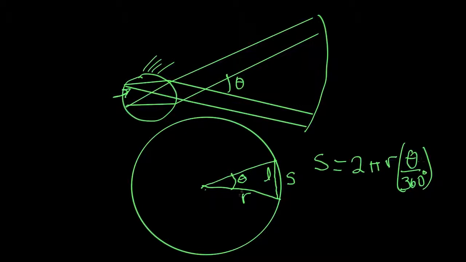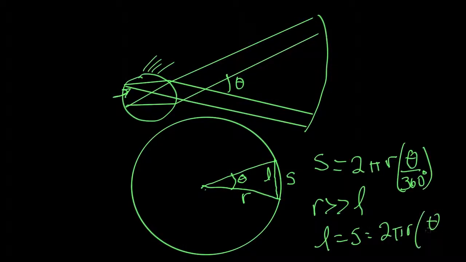If r becomes very large, so the circle becomes very big, you can imagine that L and S would become very close to the same thing, because when you look at a circle up close, it ends up looking like a bunch of lines connected together. And so if r is very, very large, then the length L is equal to S is equal to 2 pi r theta over 360.